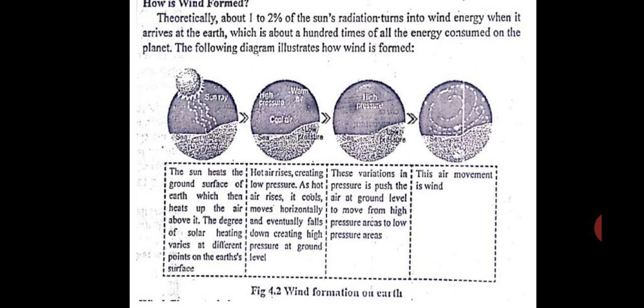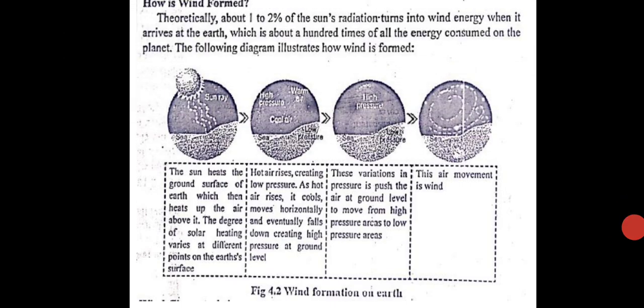Regarding winds, how are winds formed? If you look at this, of the sunlight falling on earth, around 1 to 2% is converted into wind energy because the air gets heated up. The sun heats the ground surface of the earth, which then heats up the air above it.